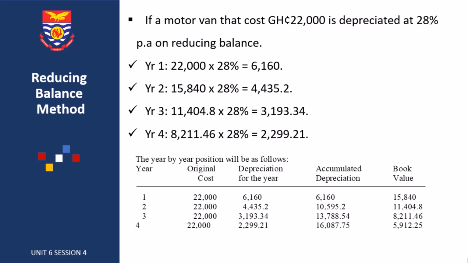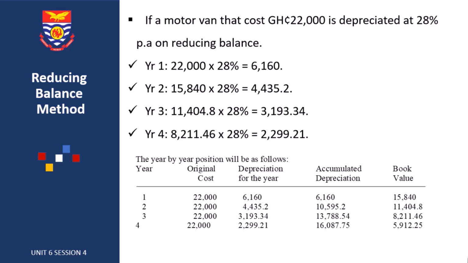So the depreciation charge for a specific year is debited to the profit or loss account. It's an expense, so it's going to be deducted from the profit or loss account, as in the matching concept, to reduce the benefit accruing to the business from the use of the asset.